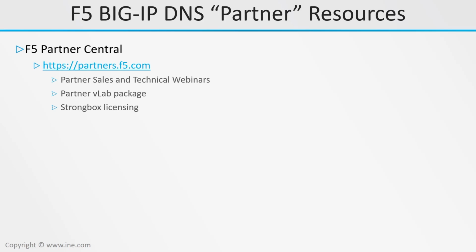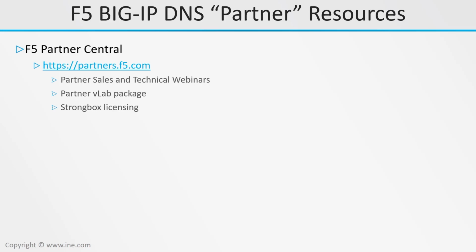All right, if you are a partner with F5, a Unity partner, you can get access to additional material. This allows you to get access to sales and technical webinars that F5 themselves have done. You also can get access to the Partner VLab package. This is a VLab you can download on your local machine and run things like the F5 editions on version 13, 14, etc. with LAMP and Windows servers to simulate and test some of the F5 features.